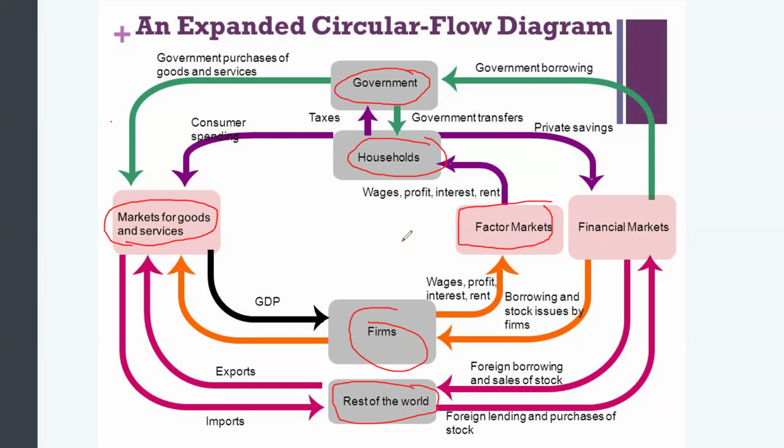When we import something from outside of the country, it's called a leakage. Why is it called a leakage? Because we are taking money from the circular flow of income and paying the foreign country for those products. So imports from the rest of the world create leakages.